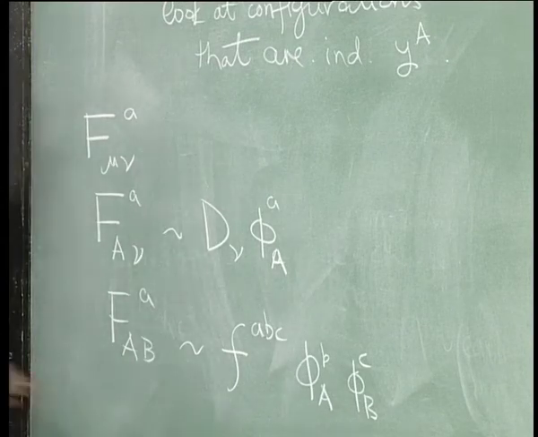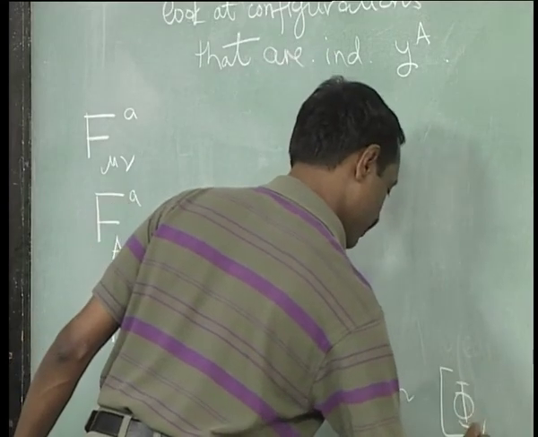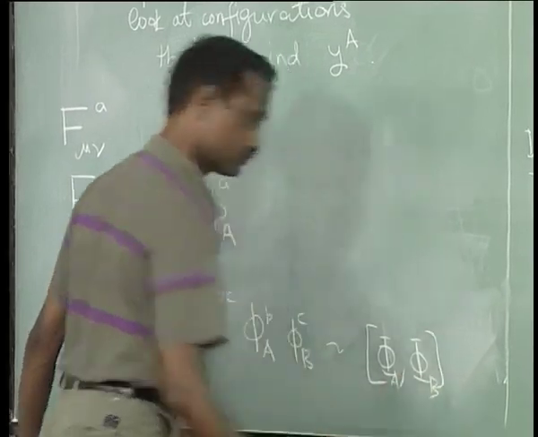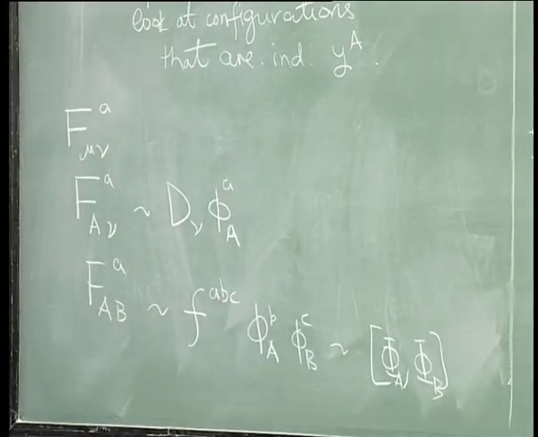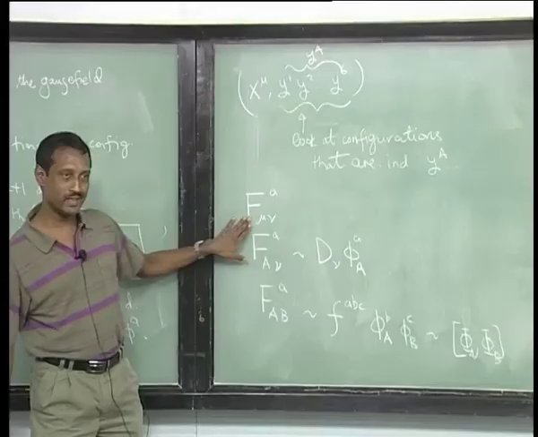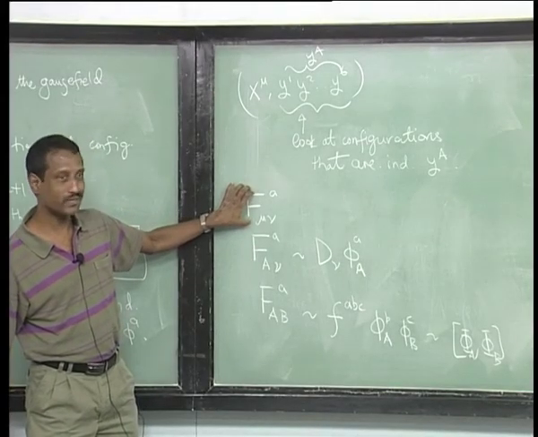It is better to think in matrix terms. If you think of this as a matrix, this is nothing but the commutator of phi A and phi B. So if you look at f mu nu square, this will become the usual f mu nu square. This will be the usual kinetic energy for the 4-dimensional gauge field.